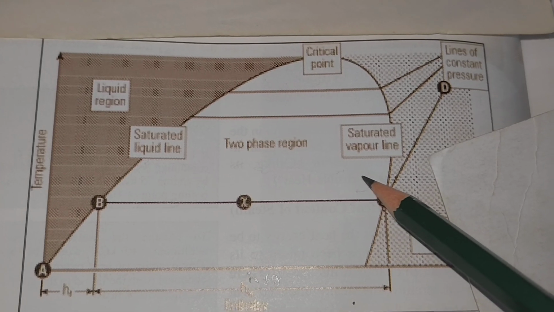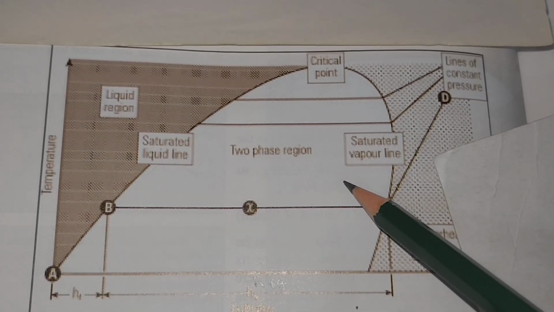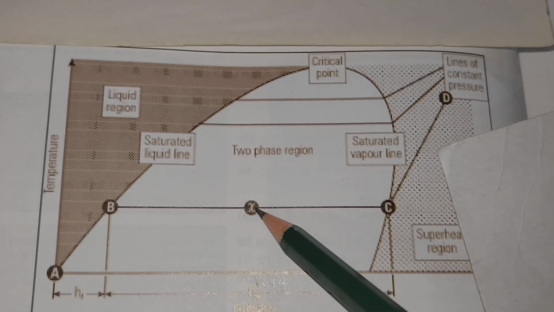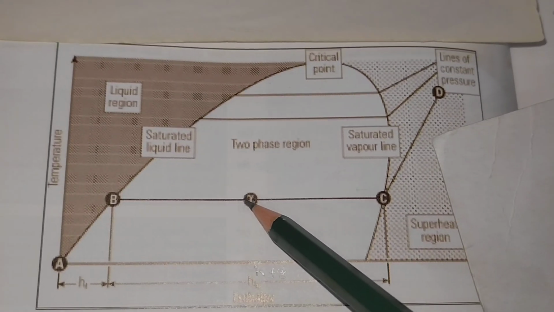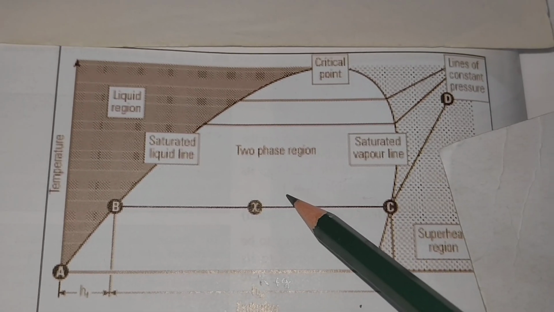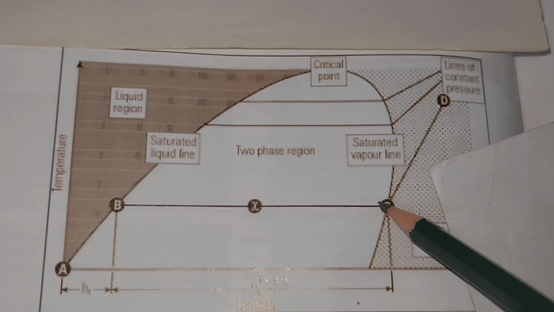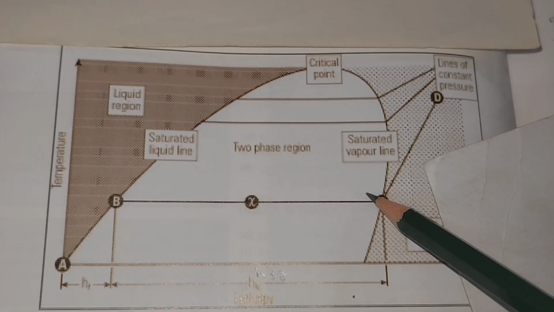Therefore, at a point exactly halfway between these two states, the dryness fraction is 0.5. Similarly, on the vapor line, the steam is 100% dry.